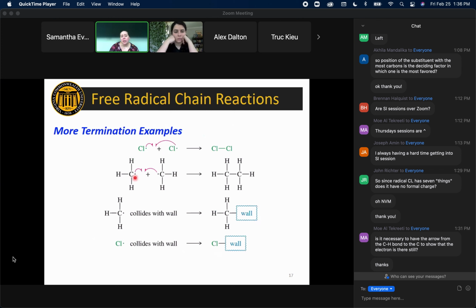We could also have two methyl radicals come together. That would generate a molecule of ethane, which would be a byproduct in this reaction. Either of these two original radicals could also collide with some contaminant in your reaction or the side of the flask, and end up quenching in that way. So all of these things are possibilities for how to terminate the reaction.